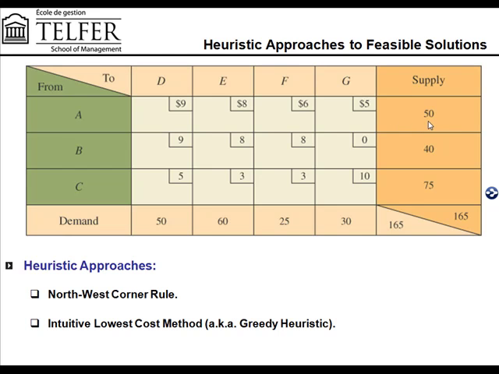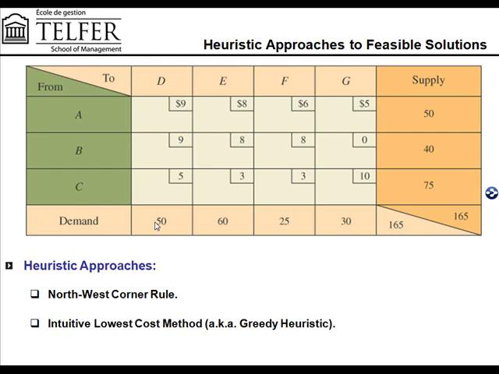So supply point A has a maximum supply possible of 50 units or 50,000 units, whatever the denomination is. Supply point B has the ability to supply 40 units, and supply point C has the capacity to supply 75 units.